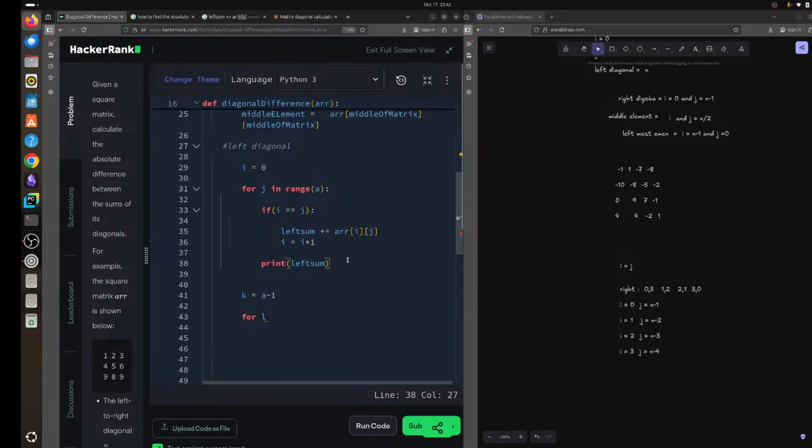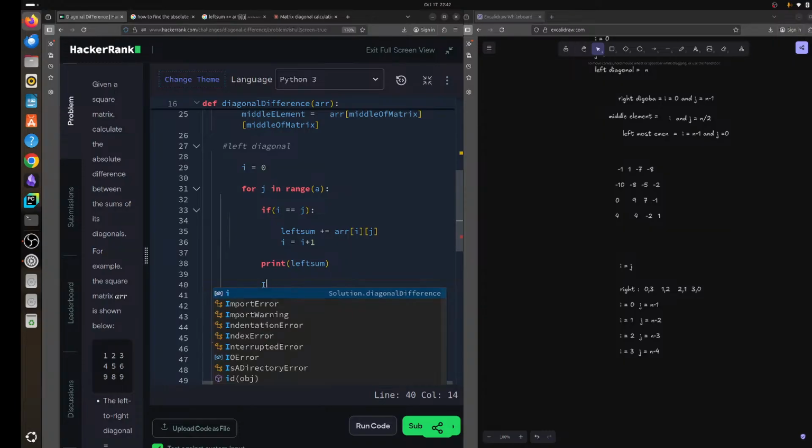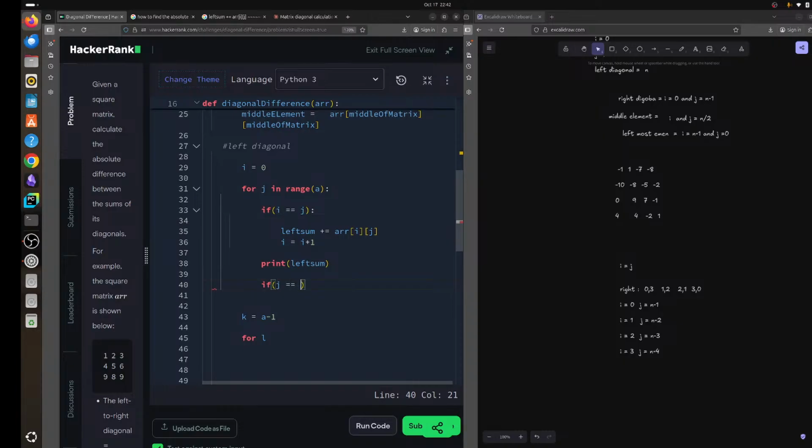So here, if j equals to this last index, let's point to last index only.